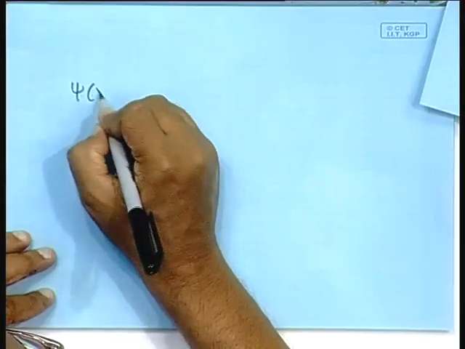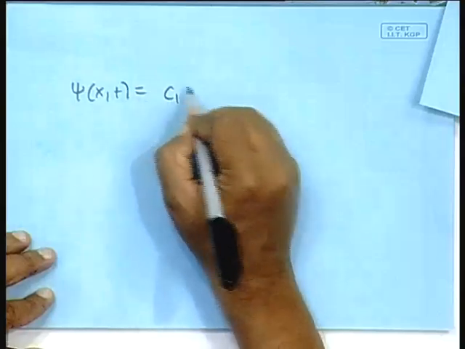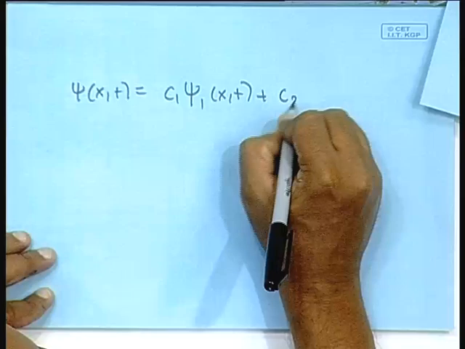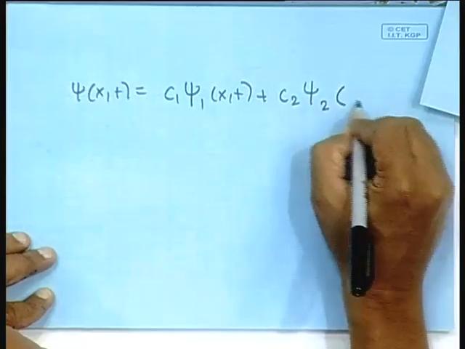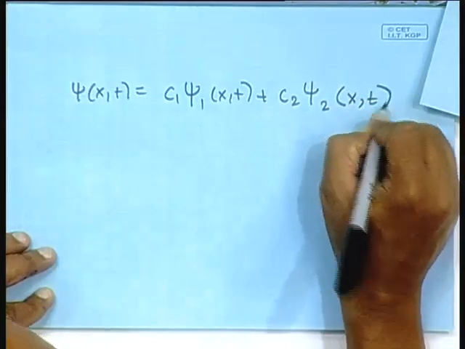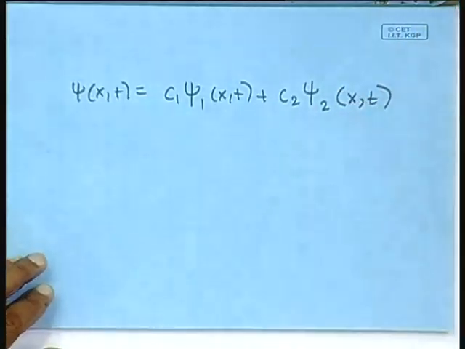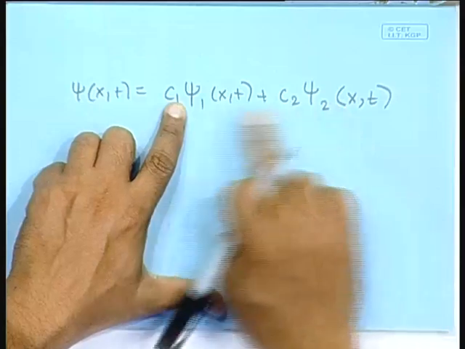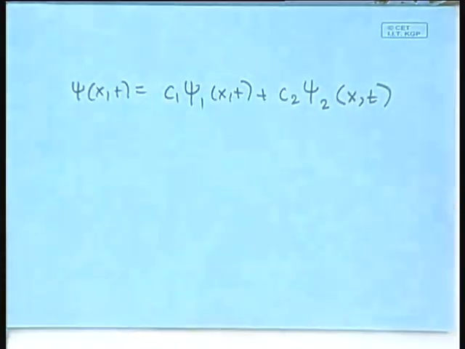Now I should also tell you that any linear superposition of these different states is also a possible solution of a particle in a box. So here I have just superposed the ground state and the first excited state. In general, I could superpose many of them. This is not a stationary state, but it is an allowed solution of the Schrodinger equation.